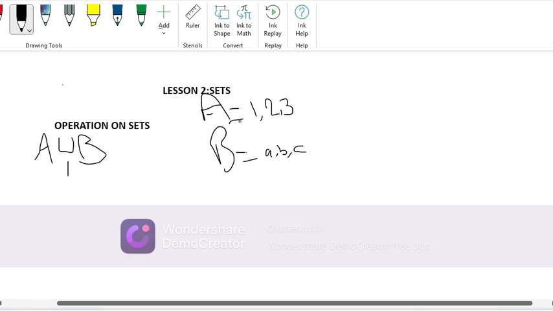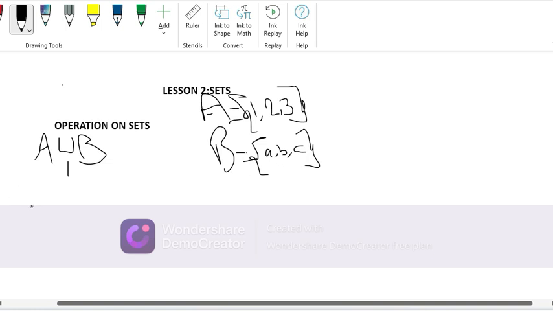These are the elements that are in set A. Also, we have set B. Set B has a, b, c.